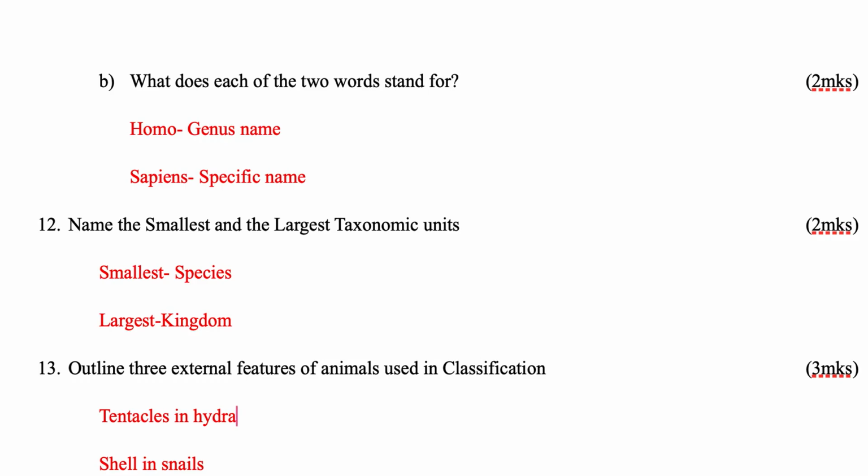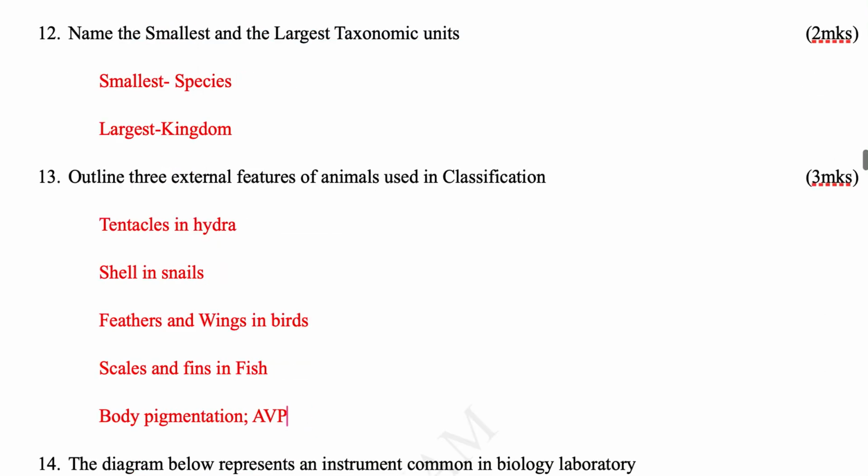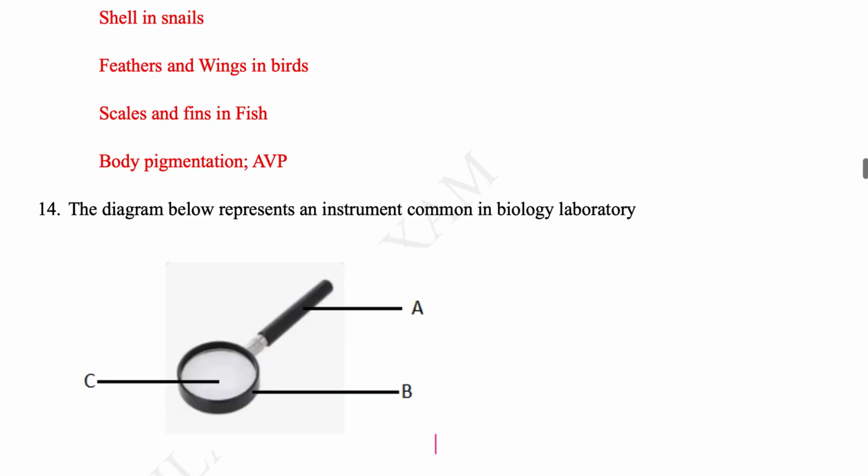Question 13. Outline 3 external features of animals used in classification. Tentacles in hydra, shells in snails, feathers and wings in birds, scales and fins in fish, body pigmentation, AVP. Question 14. The diagram below represents an instrument common in biology laboratory.